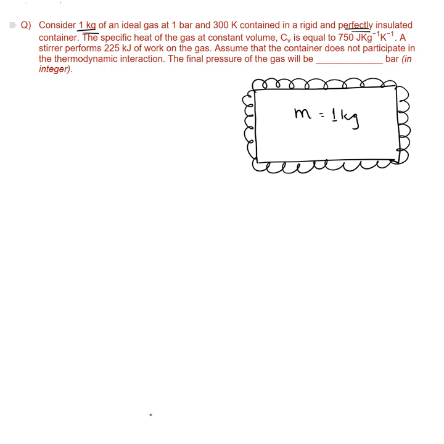Let's discuss other data given here. The initial pressure is 1 bar, so P1 equal to 1 bar, and the initial temperature T1 equal to 300 Kelvin. Perfect insulation is provided from all the sides to the container.